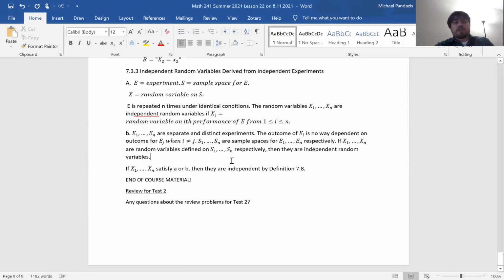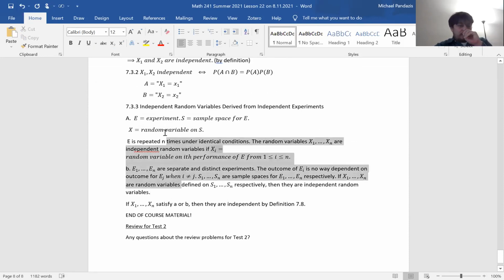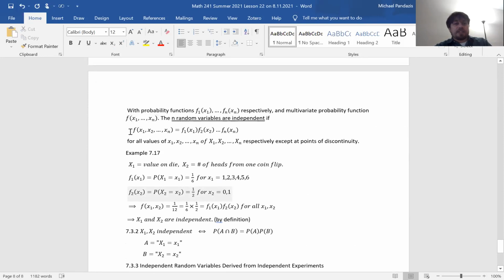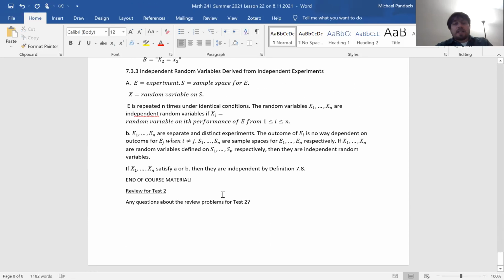And if you can conclude that your n random variables satisfy A or B and that they're independent, you can then use this equation to relate the multivariate probability density function as a product of those. Okay? And that's the end of the course material.